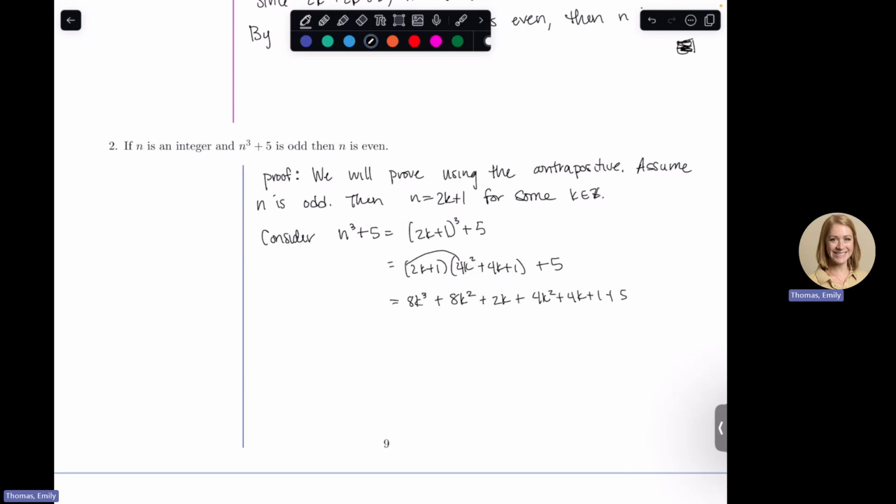We got 8k cubed, 12k squared, 6k, and 6.